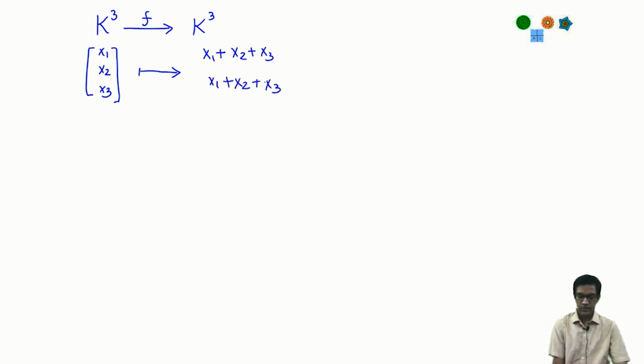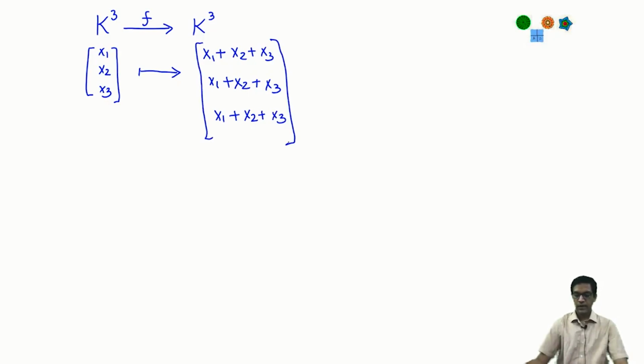So it just sums the 3 coordinates and places that value in each of them. I claim that this map is actually a homomorphism. Let's check this. Claim: F is an R homomorphism, where R is the group ring.